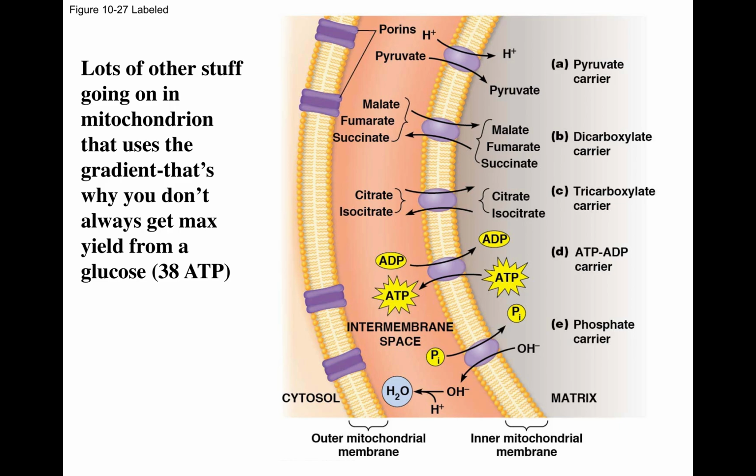And if the gradient is used to do those other things, like move citrate around, then there is less of a gradient to make ATP. So theoretically it's possible to get 38 ATPs out of a glucose, but it depends on what else the mitochondrion is doing with its gradient.